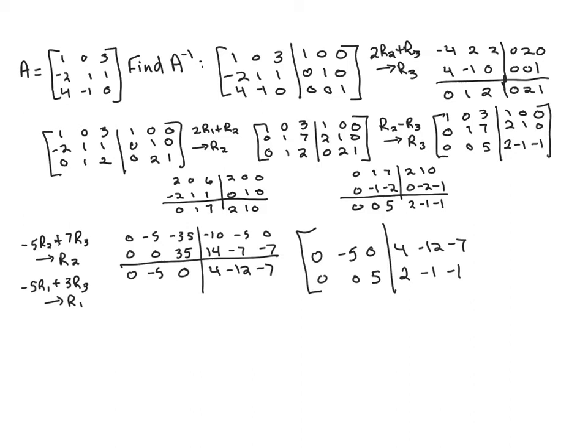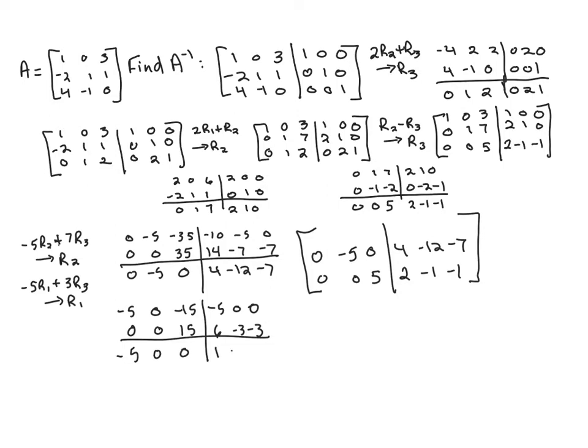Now I'm going to do this next process and then write down row 1. So using minus 5 row 1 is negative 5, 0, negative 15, negative 5, 0, 0. 3 row 3 is 0, 0, 15, 6 minus 3 minus 3. Combine, negative 5, 0, 0. I get a 1, negative 3, negative 3. That's my new row 1.